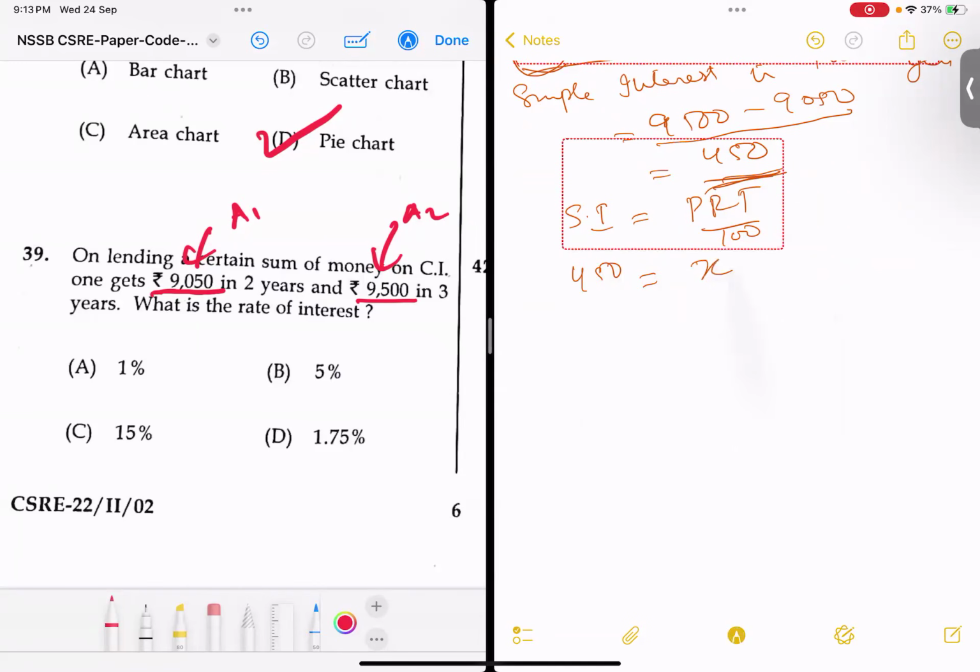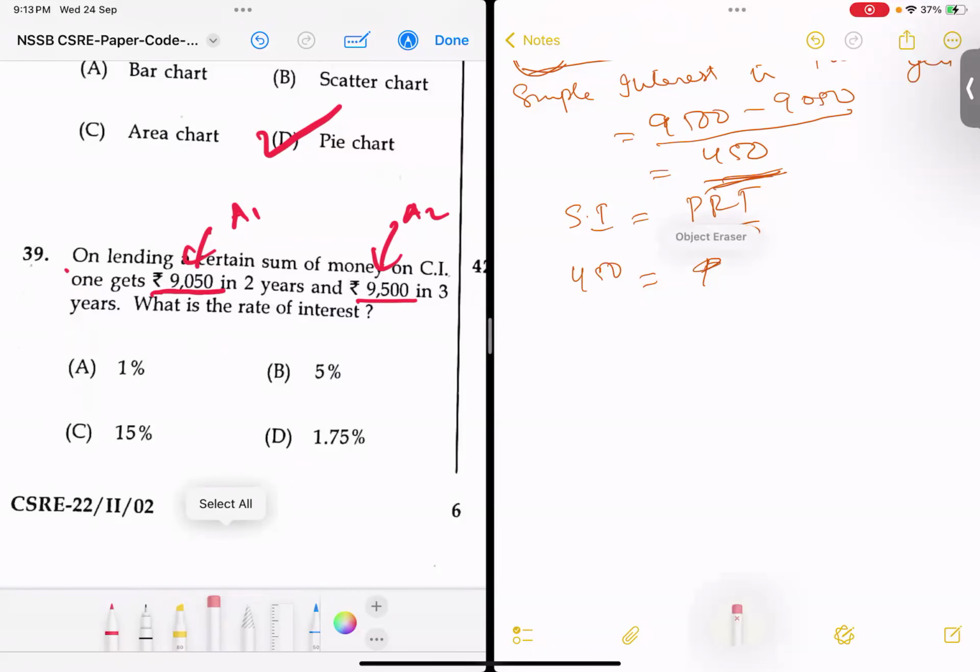We are not aware of the principal, so let's just keep it as P, right? So simple interest, how we found out: PRT by 100, right? Now, the simple interest is 450, divided by 100.